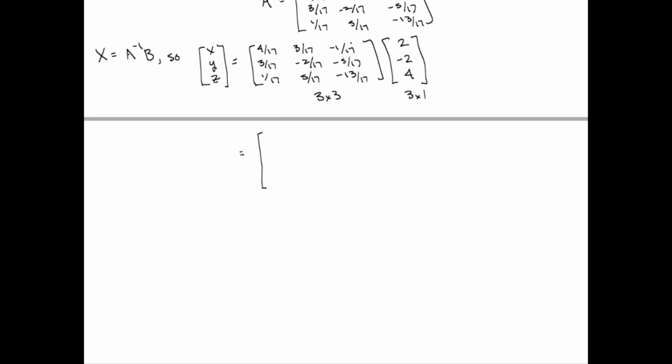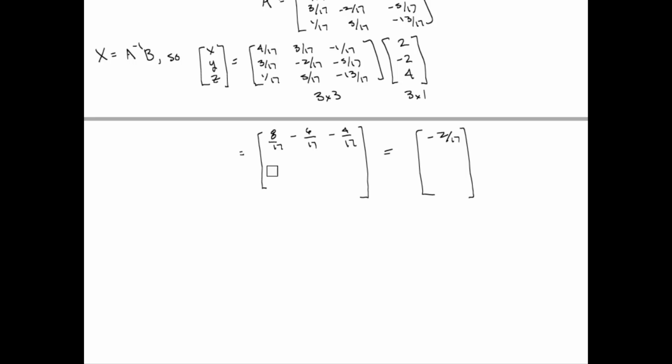So here we're going to get 4/17 times 2, that'll be 8/17, 3/17 times -2, that'll be -6/17. -1/17 times 4 gives me -4/17. That's my top entry. Let's go ahead and simplify that. That's going to give me -10/17 plus 8, so -2/17 for my top entry.